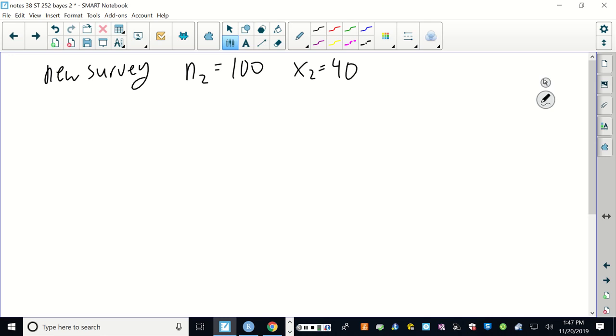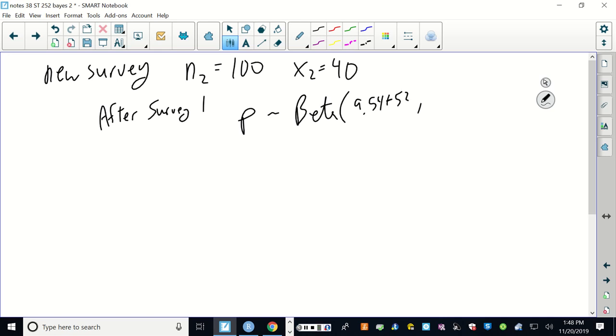And so after survey 1, P we thought was distributed as a beta distribution, and we had 9.54 plus 52 as that parameter, and this one is 22.3 plus 148. And now we get x2 as 40, and n2 minus x2 is 60, because there were 100 total.